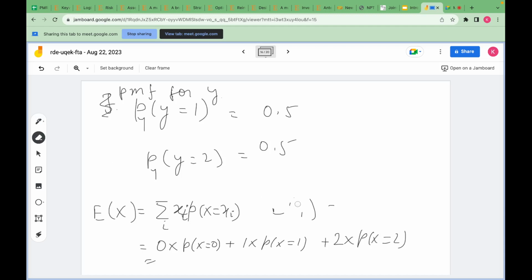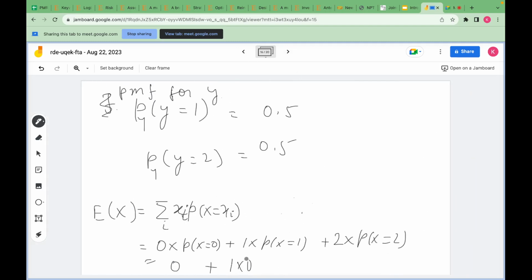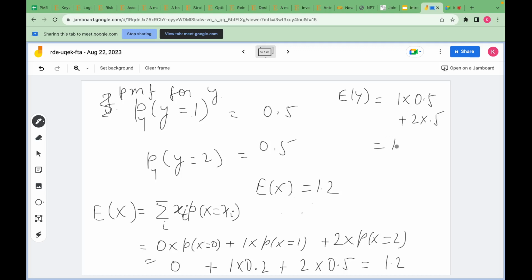So this will be 0 plus, from here we can see that the probability that x is equal to 1 is 0.2. So 1 into 0.2 plus 2 into 0.5. So this is nothing but 1.2. So expectation of x is 1.2. Similarly, expectation of y is 1 into 0.5 plus 2 into 0.5, which is nothing but 1.5.